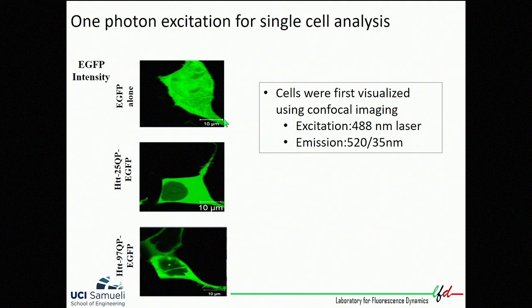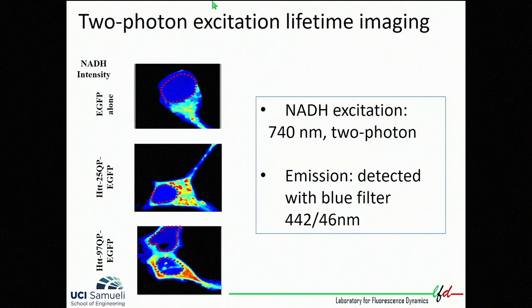And just to show you that we can multiplex, in other words, we can label the cells with green fluorescent protein and it will not hinder our NADH signal. We're using 2-photon excitation at a wavelength of 740 nanometers, and we're looking at the emission of blue light. And what you can see here is the intensity of the NADH signal.